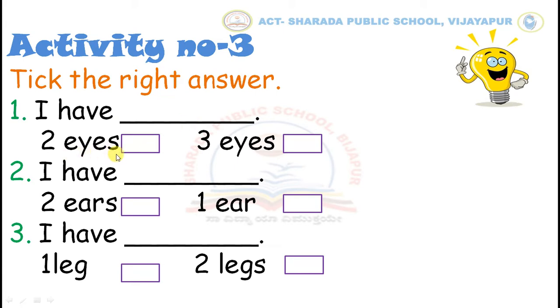Here I have given 2 options. 2 eyes, 3 eyes. Tick the correct one. Yes. And write in the given blank. Like this. I have 2 eyes. In the same way, you have to complete this activity.